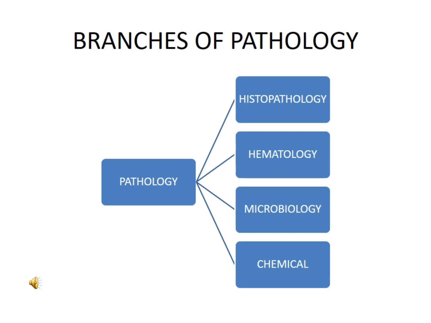So these are the different branches of pathology which you are going to study. Number one is histopathology, then hematology, then microbiology, and chemical pathology. In histopathology, you learn about the different structural changes that occur at the tissue level, cell level, and at the molecular level. Then in hematology, you will learn about the diseases of blood.